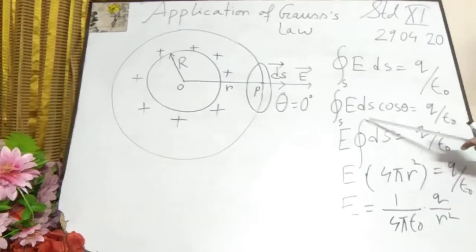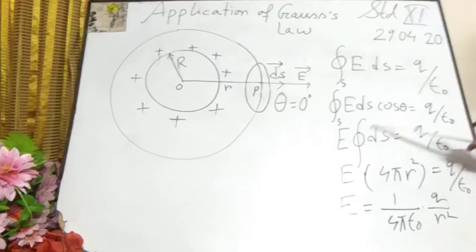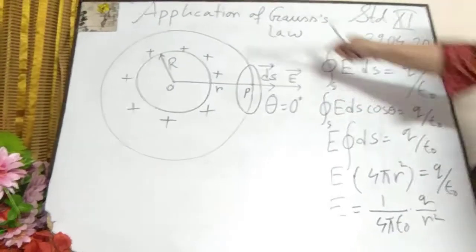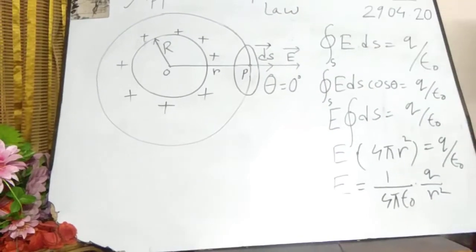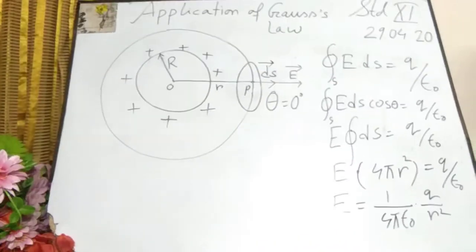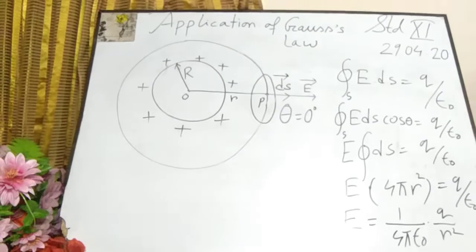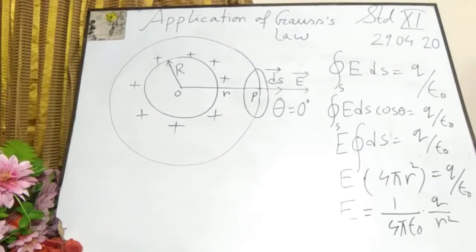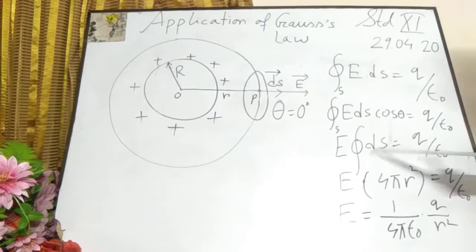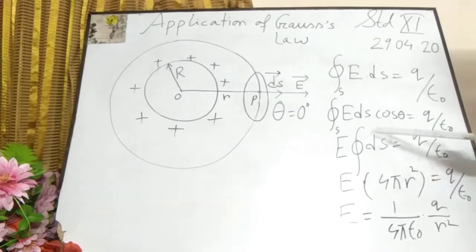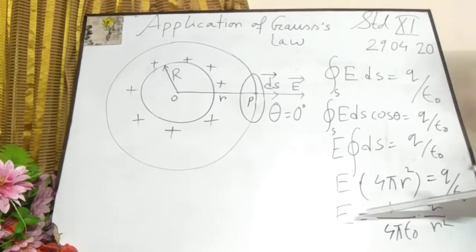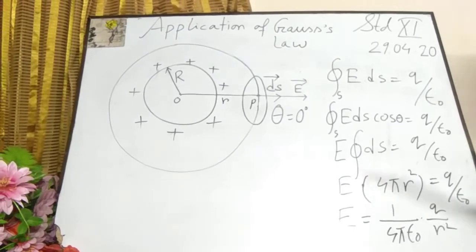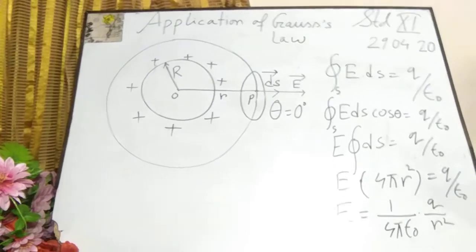But closed surface integration of ds gives the whole surface area of this spherical object. You know the surface area of a sphere equal to what? 4 pi r square. So in place of this, I can write 4 pi r square. So E equal to 1 by 4 pi epsilon naught Q by r square. Do you understand, everybody?